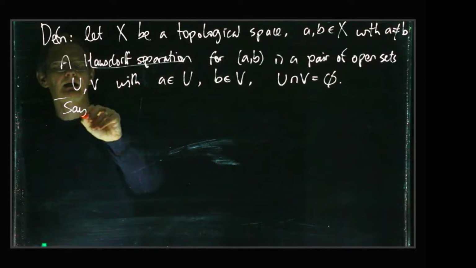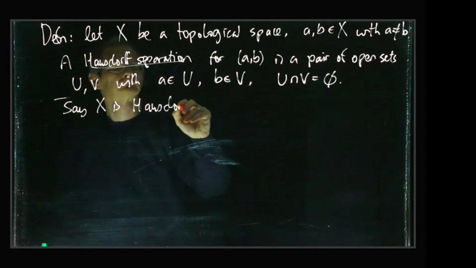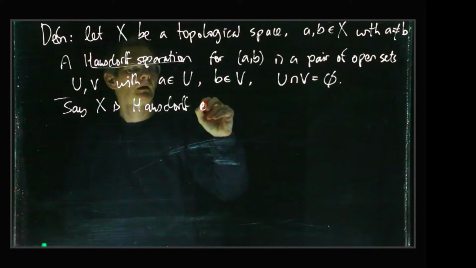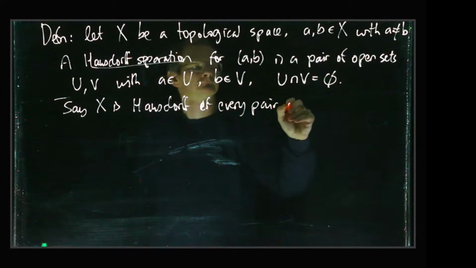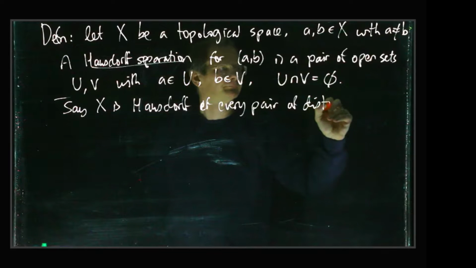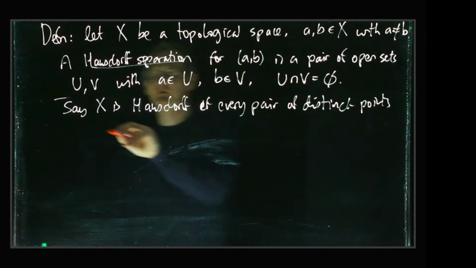And we say X is Hausdorff if every pair of distinct points has a Hausdorff separation.